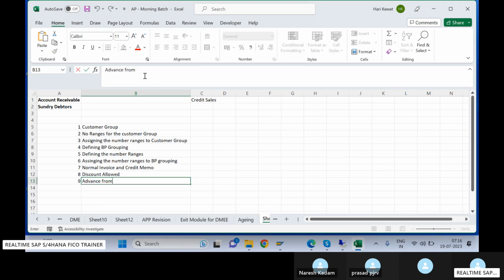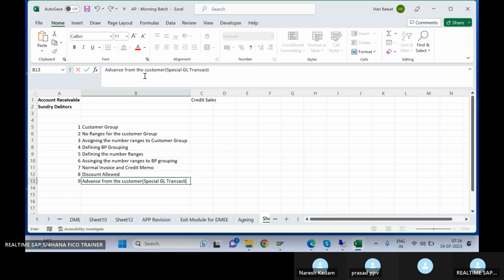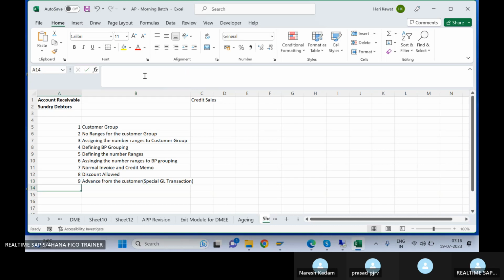Advance from the customer is known as special GL transactions.